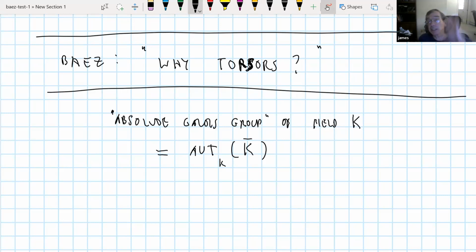You have lots of choices when you're trying to understand an object. The general philosophy is to understand objects by how they map into other objects, or vice versa, how other objects map into them. But you get a lot of choice as to which objects to map into or map out of. And one of the answers is, well, map into all of them, or map out of all of them.